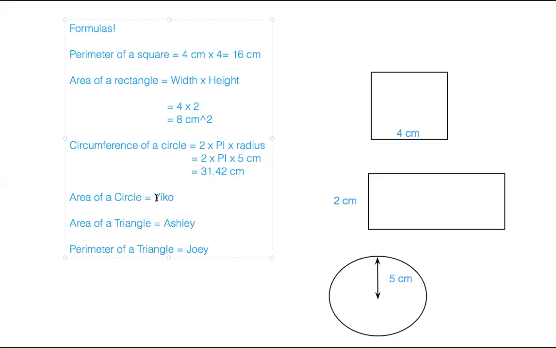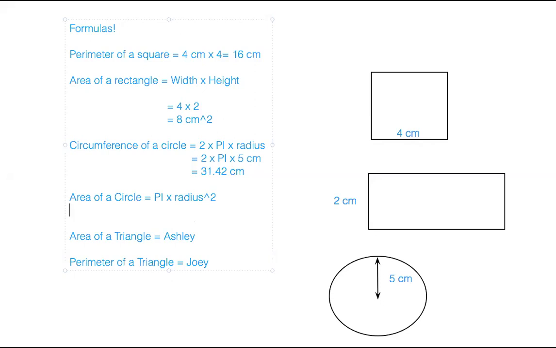Okay, Yiko, what is the formula for the area of a circle? Pi r squared. Yes, pi times radius squared. Okay, this symbol that I'm writing here means power. So radius power 2. Using this circle that I've got, what am I going to write?